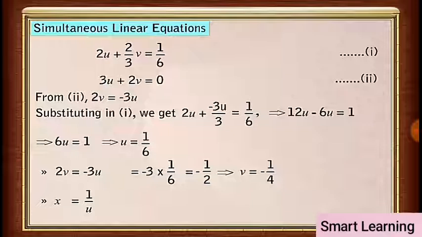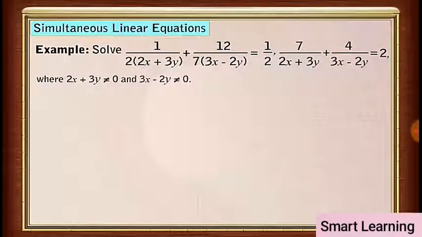Therefore, x = 1/u, so we take the reciprocal of 1/6, which is 6. And y = 1/v, the reciprocal of -1/4 is -4. Therefore, x = 6 and y = -4.